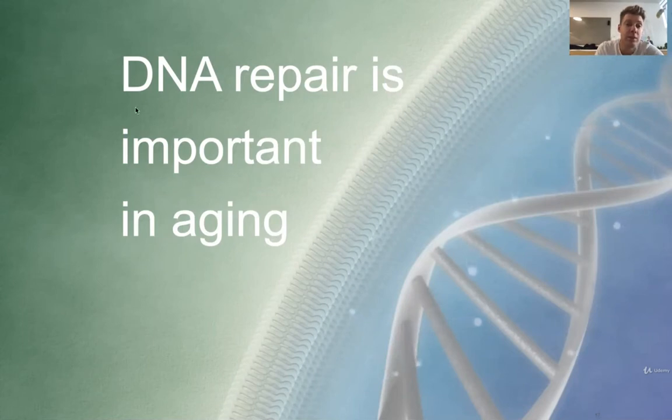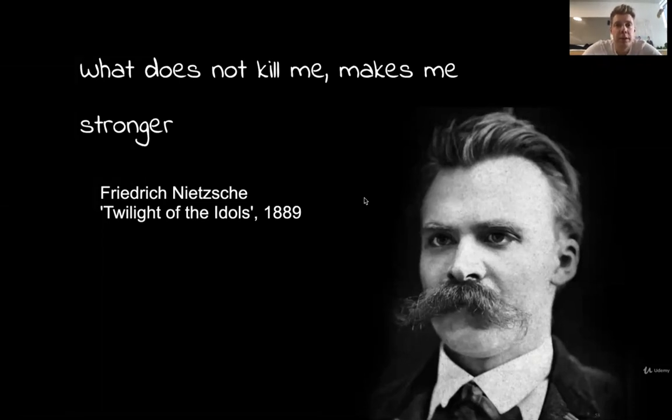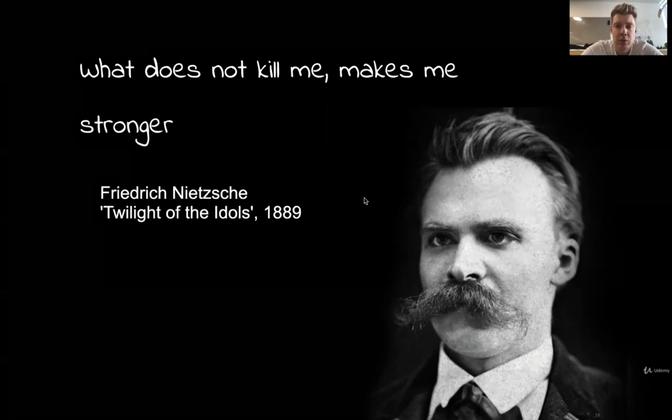The other take home message is, of course, that DNA repair is important in aging. And so we were considering one way to possibly stimulate DNA repair. The way we thought about this was to take advantage of something that Nietzsche came up with more than 100 years ago: what does not kill me makes me stronger.